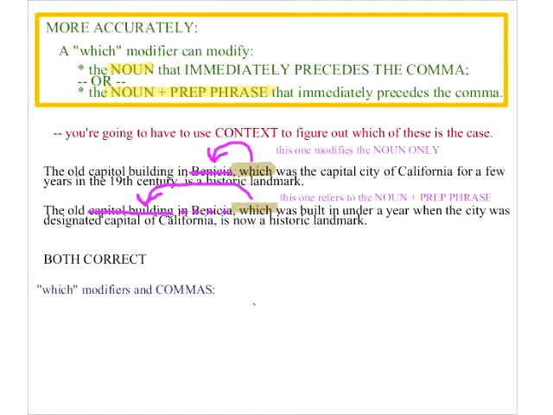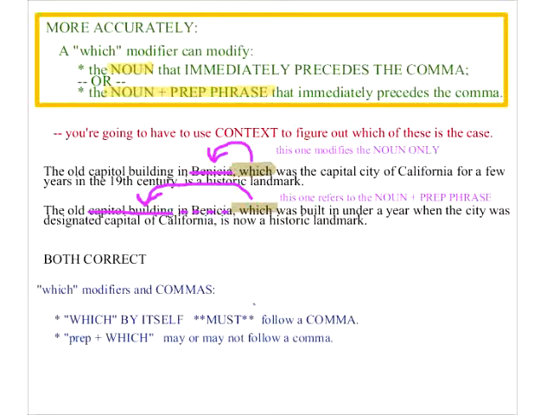If you have which by itself, then as far as GMAT usage, it must follow a comma. On the other hand, a prepositional phrase, or preposition plus which, may or may not follow a comma. That's your rule.